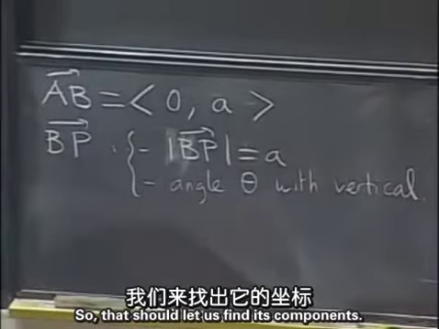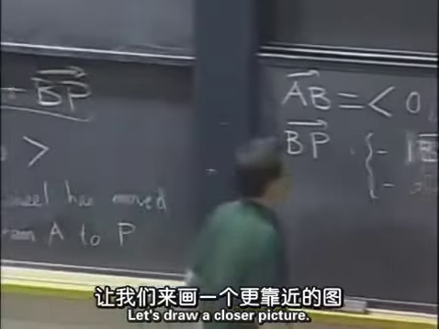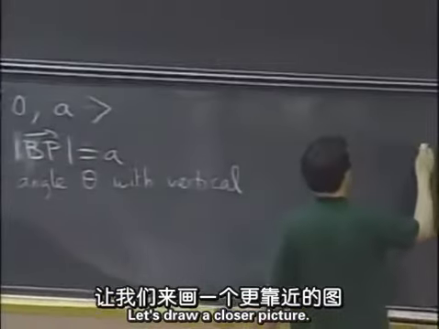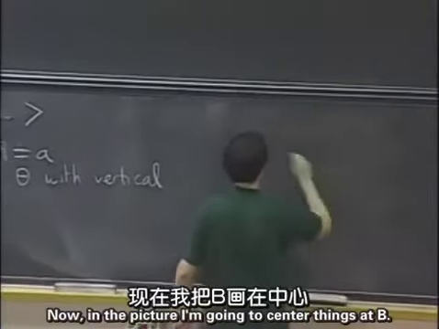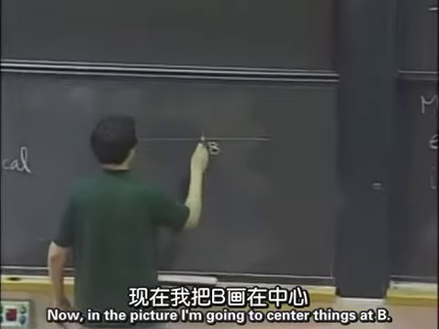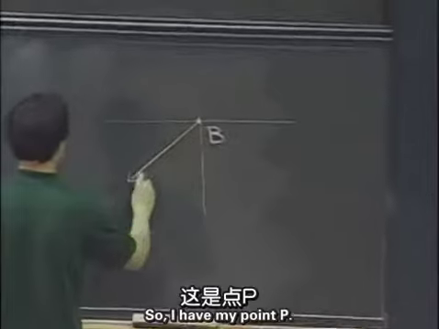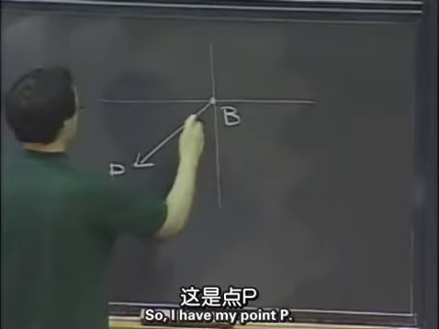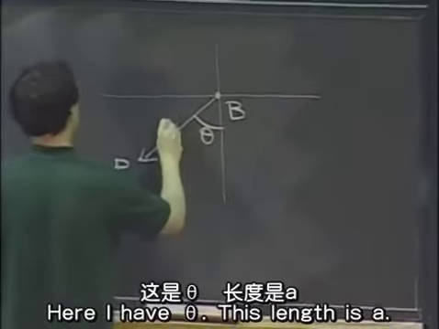So that should let us find its components. Let's draw a close-up picture, in a picture where I'm going to center things at B. So I have my point P. Here I have theta. This length is A.